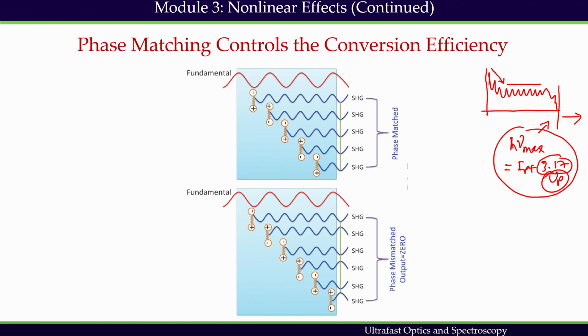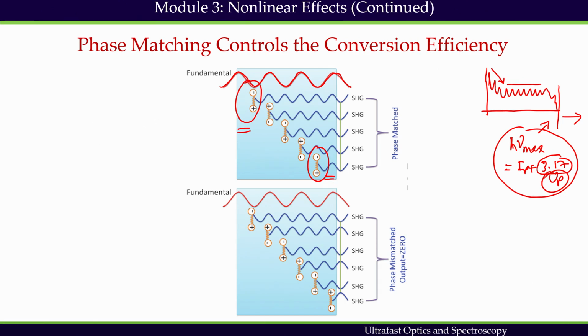Phase matching is something we have explained already. Let's look at the second harmonic generation process. We have a fundamental beam propagating through the medium, and due to its propagation we create polarization in the medium. Polarization is nothing but an oscillatory dipole. So we consider two dipoles created at the beginning and at the end of the medium when the fundamental beam is propagating.